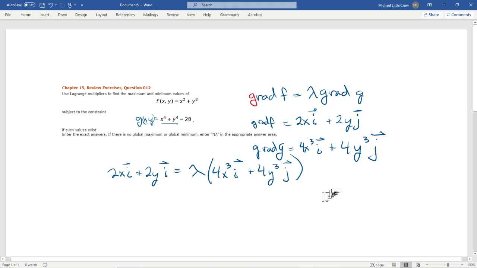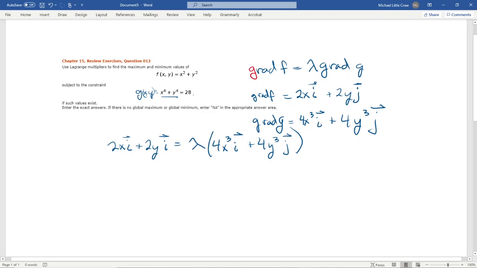And since these vectors are equal to each other with some multiplier through it, we could distribute the multiplier through, right? Which we could do.